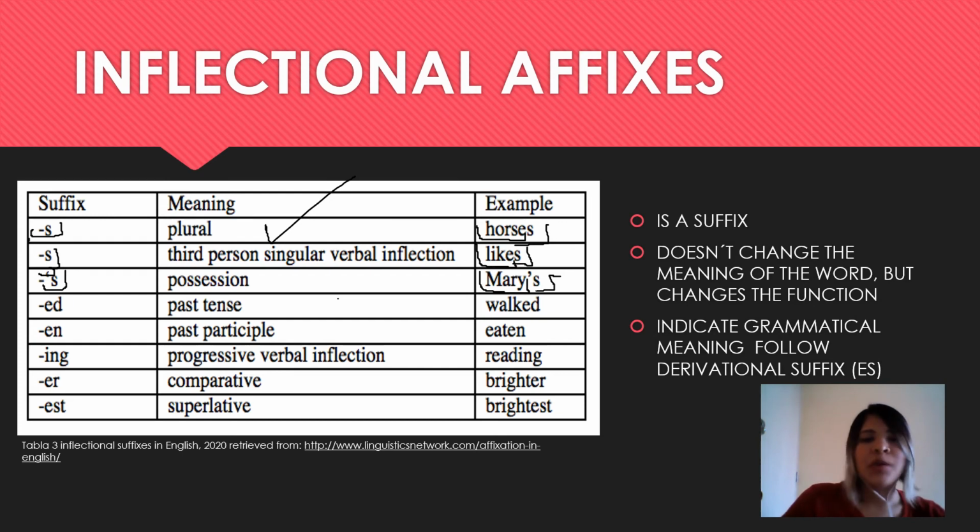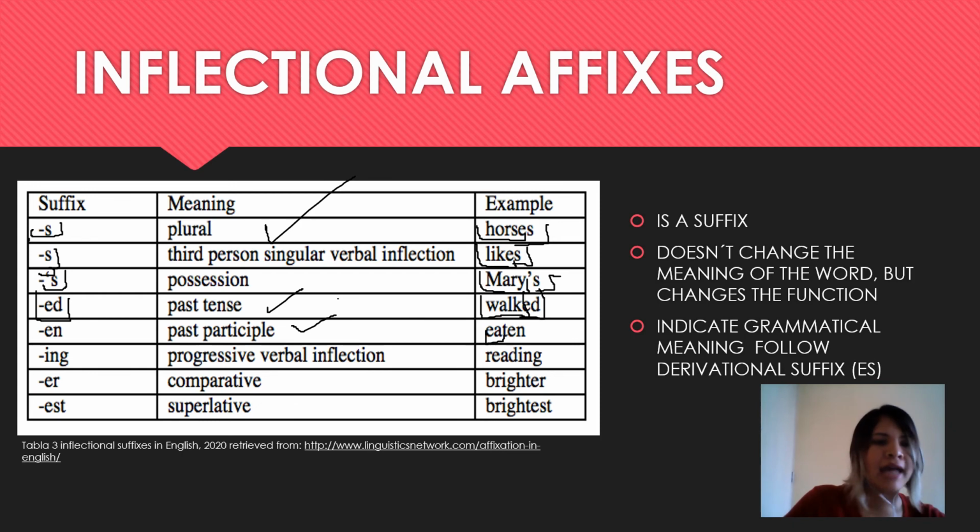Now, if we want to indicate grammatical meaning, so if I want to talk in past tense, I take the verb, in this case, walk. If I add the suffix ed, I will get walked. Now, for the past participle, I have the verb eat.